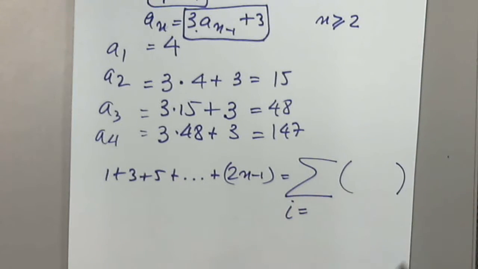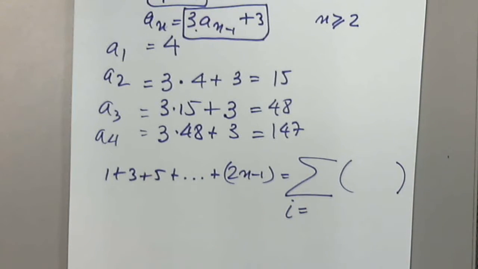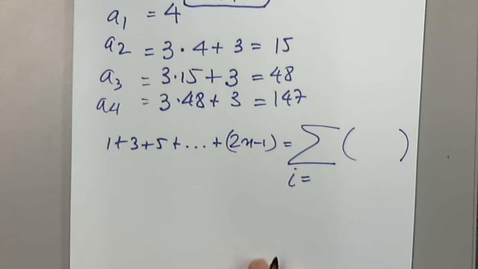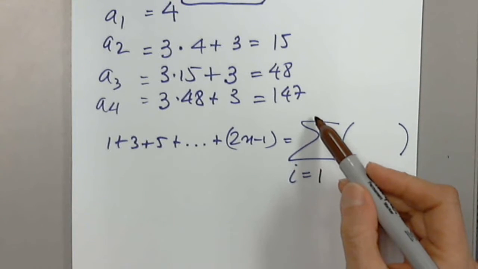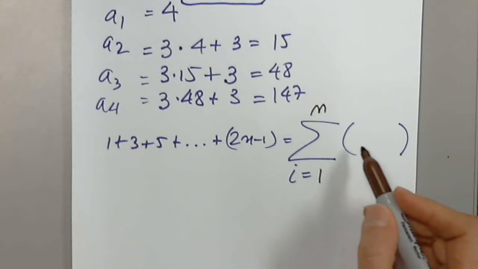And I have to have an expression that I apply it to. The expression has to have i. i equals 1, okay. To what? To n, very good. And then what is the expression?